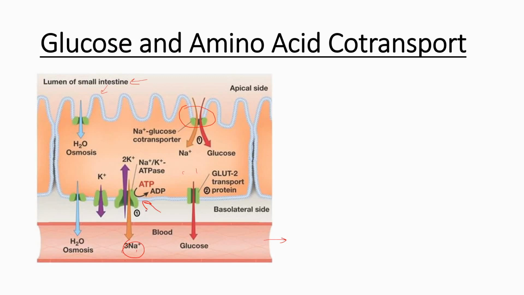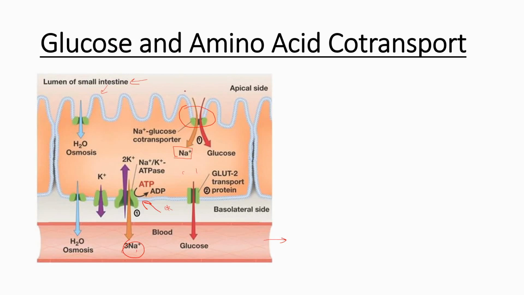But the sodium concentration inside the tissue fluid, which is here, may be quite high. So from the tissue fluid, it's going to diffuse into the capillary, but from the cell into the tissue fluid, active transport. So this active transport ensures that the sodium concentration shown here inside this cell is kept low. And this concentration is always going to be lower than in the lumen. So what happens there is there is a diffusion gradient.